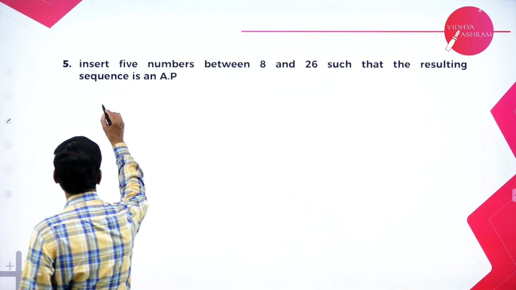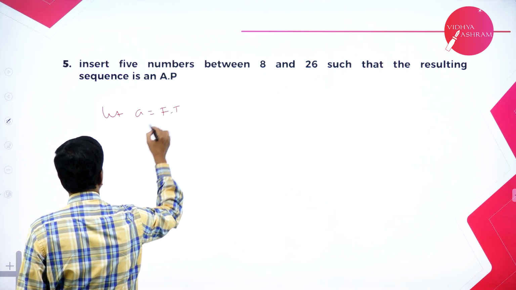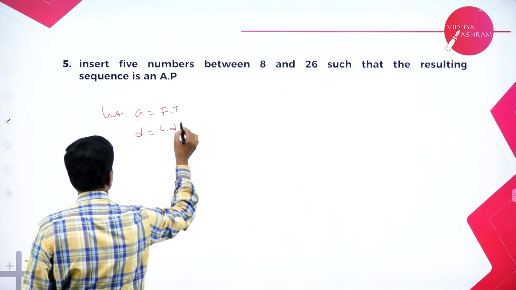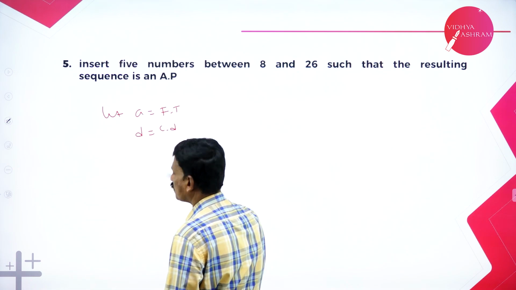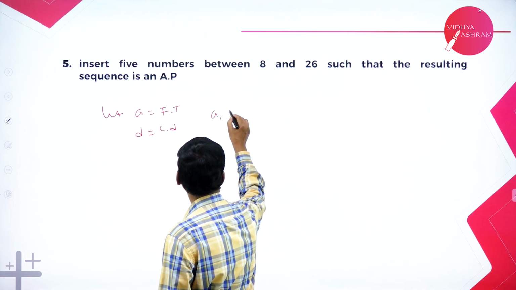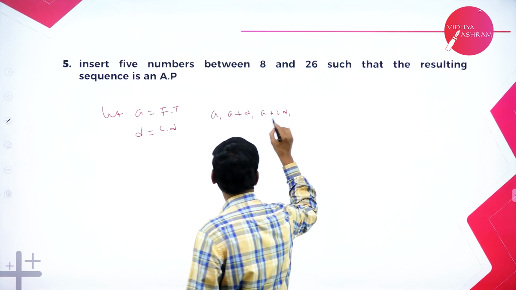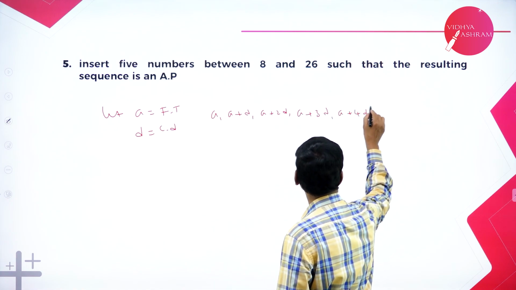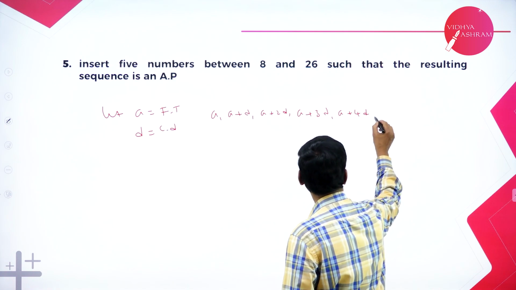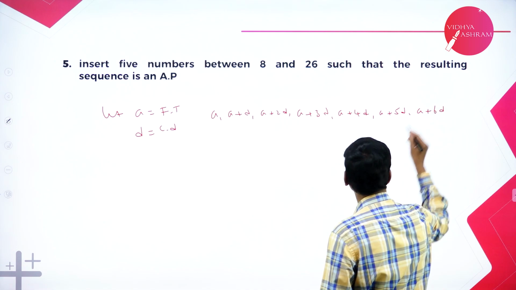Let A be the first term and D the common difference. Therefore the terms are A, A plus D, A plus 2D, A plus 3D, A plus 4D, A plus 5D, and the last is A plus 6D.